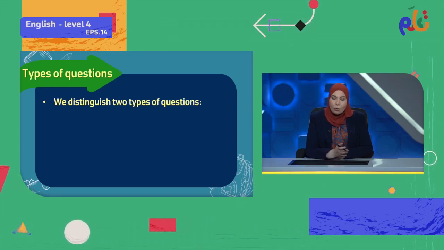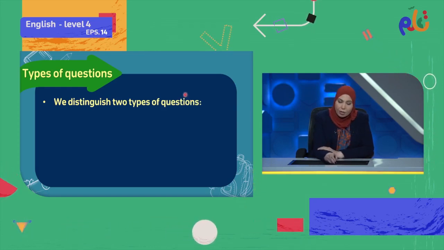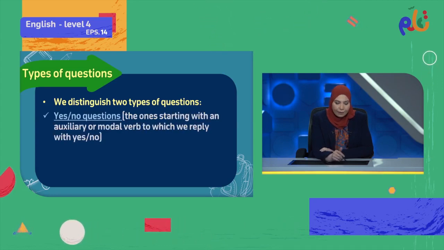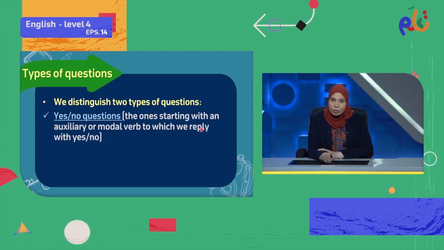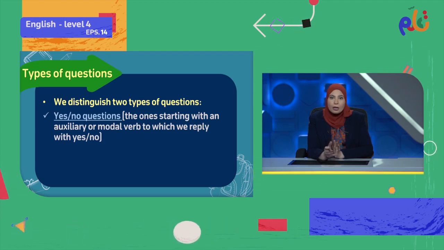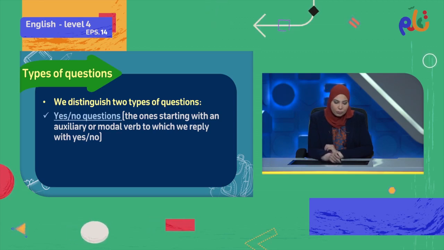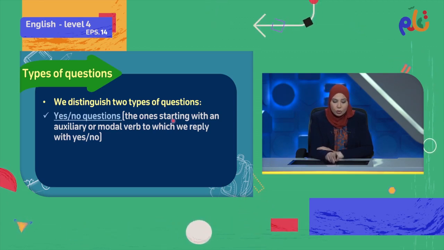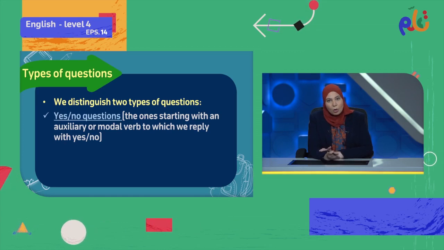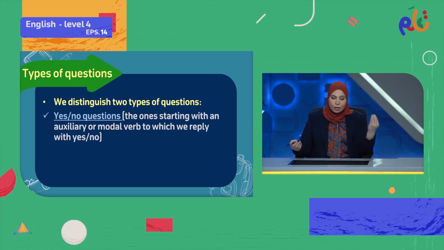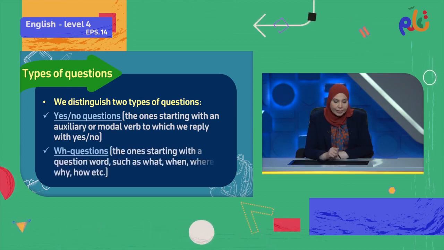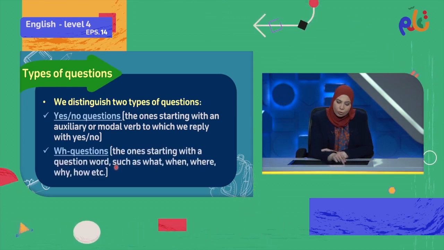So as we said, we have two types of questions. We have the yes or no questions, and if you remember the yes or no questions or confirmation questions, they start with an auxiliary verb or a modal verb to which we reply with yes or no. Like, are you happy? The answer is either yes or no. And the second one is the WH questions.